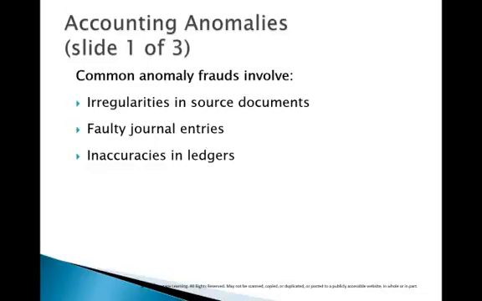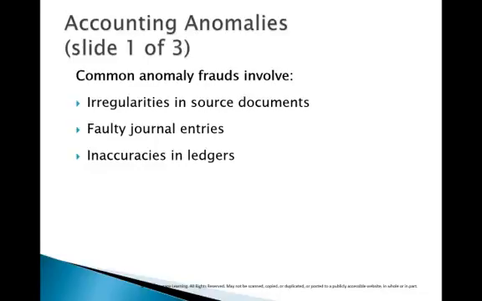He would go buy a table, for example, photocopy the receipt, turn in the photocopy for reimbursement, and then take the table back to the store and get his money back. So he'd get his money back from the store and still get it reimbursed from the company because he was photocopying the source documents. So when you see an irregularity like that, that would be an accounting anomaly.